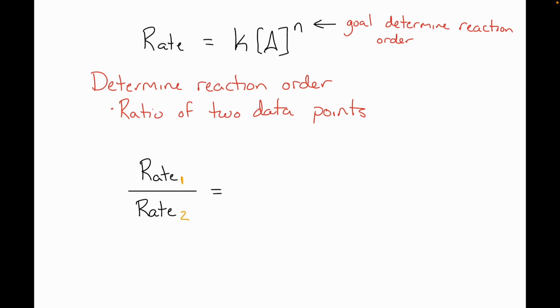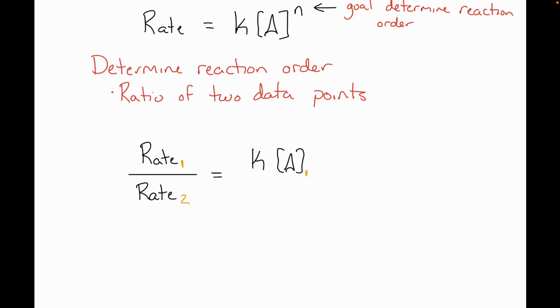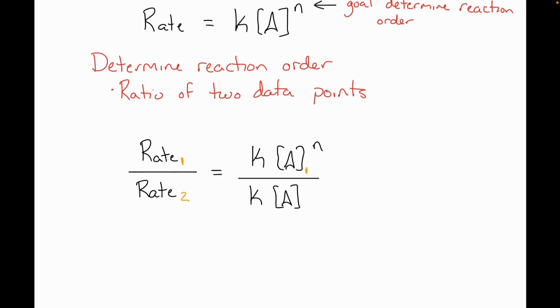And again, that's equal to this expression, K times the concentration of A at that first data point raised to the power of N divided by K times the concentration of A at the second data point raised to the power of N. All right, so all I did is take that rate expression and stack them on top of each other, right? One for one data point, one for the other data point.